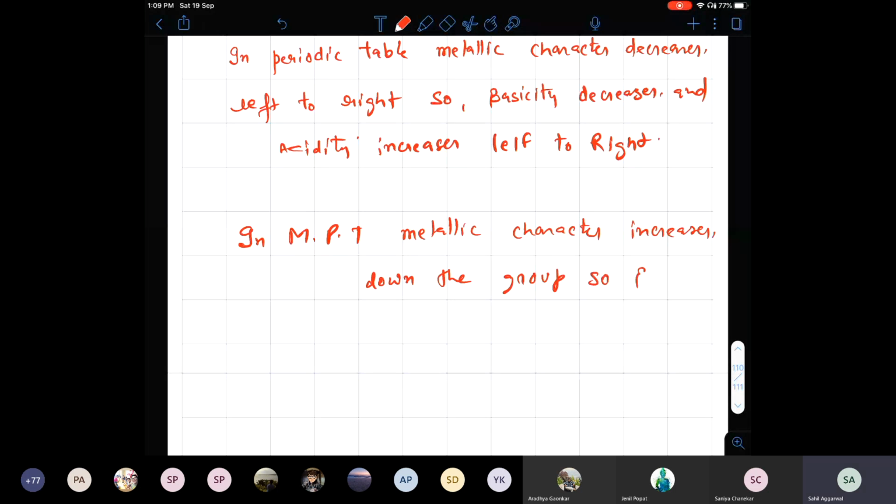So basicity increases and acidity decreases down the group.